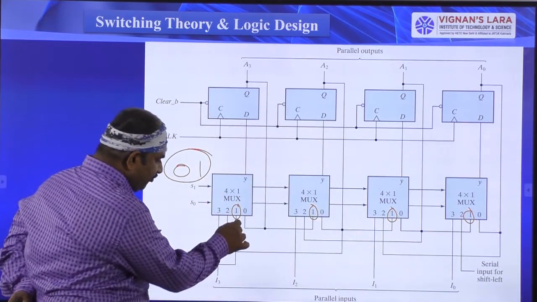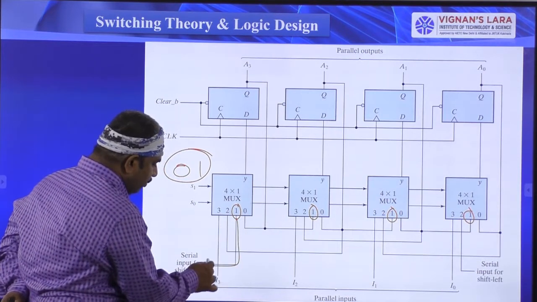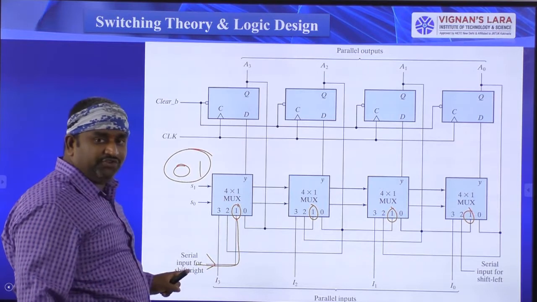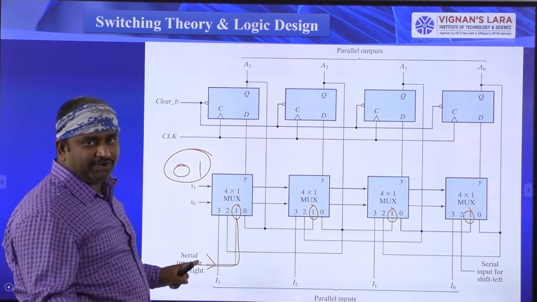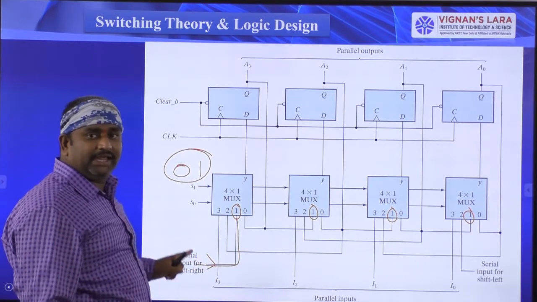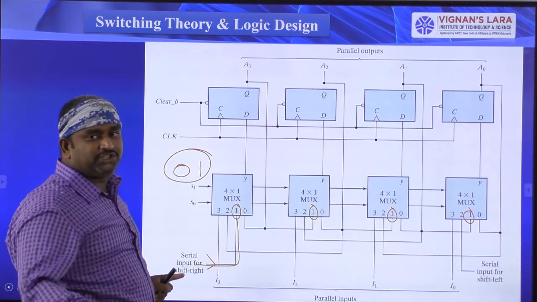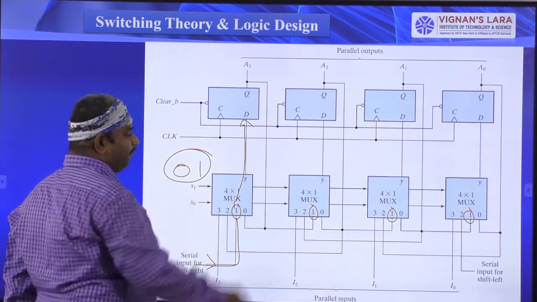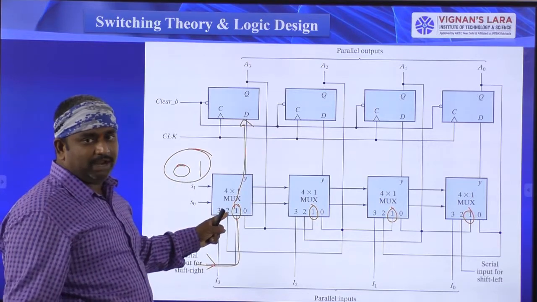So see here, for the first terminal of this flip-flop, we are giving the data for the shift right operation. For the shift right operation, you are giving the data at the left side. So this data enters the D flip-flop through the mux using terminal 1.